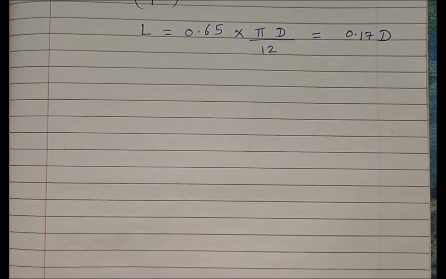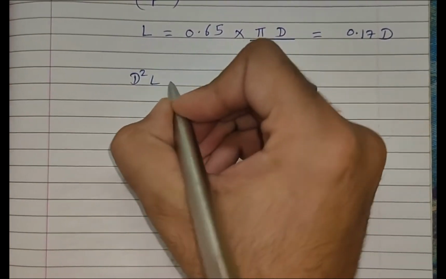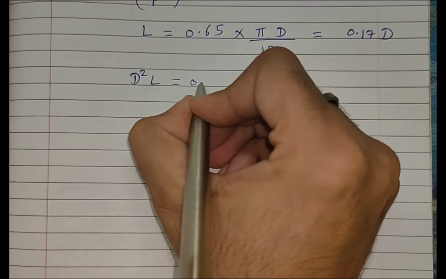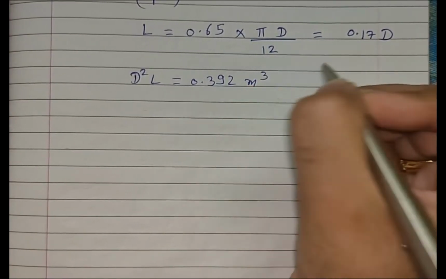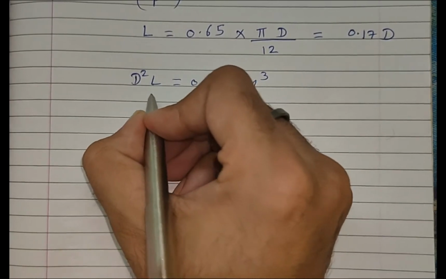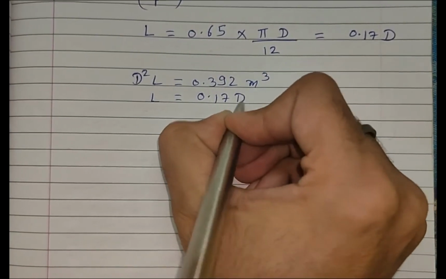So now we have two equations. The first equation was d square L is equal to 0.392 meter cube, and the second equation is L is equal to 0.17d.